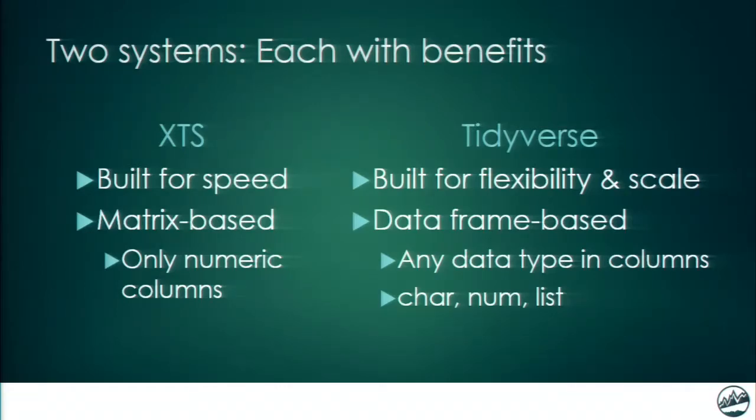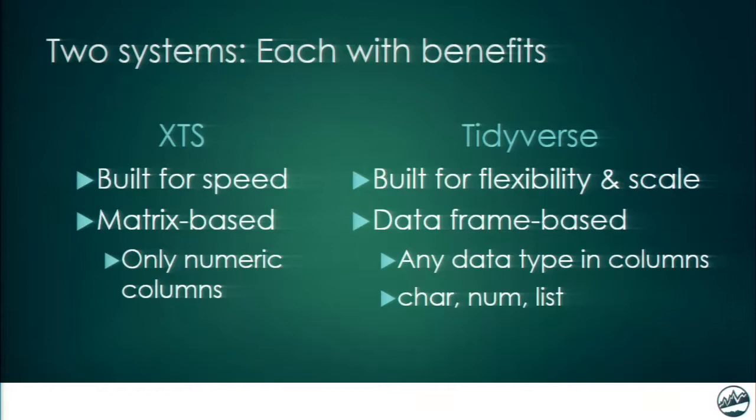So we've got two systems, XTS and Tidyverse, and each has benefits. XTS is built for speed. It's matrix-based and deals with the wide format because it can only handle numeric columns, but it is fast, and we all know that. The Tidyverse, on the other side, deals with data frames.